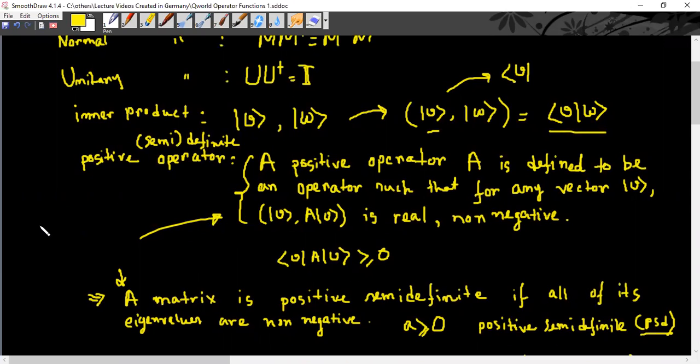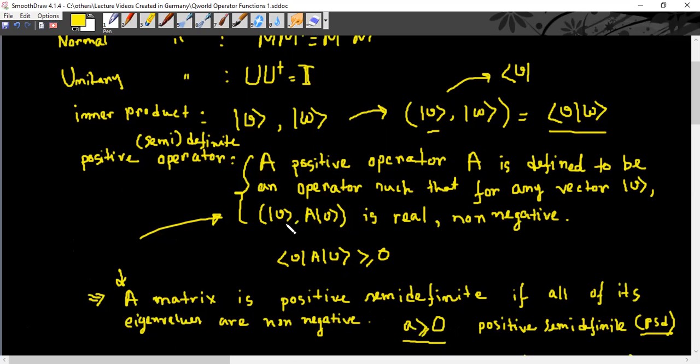I thought about it after ending the video, but I can tell you what I thought. I told you that an operator is positive semi-definite if all of its eigenvalues are non-negative. That means if the eigenvalues are a and they are greater or equal to 0, then these are called PSD operators.